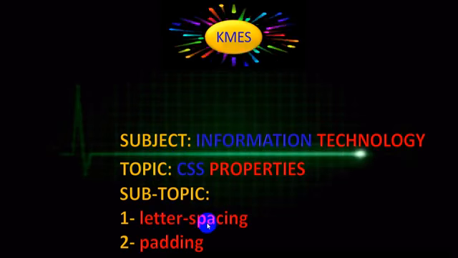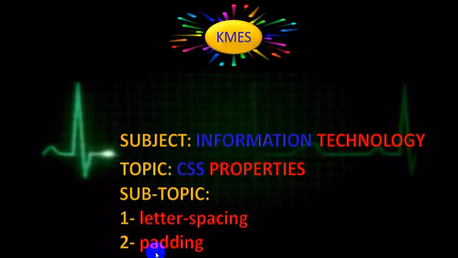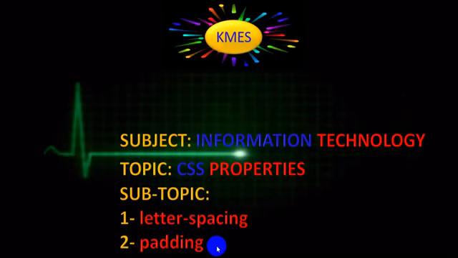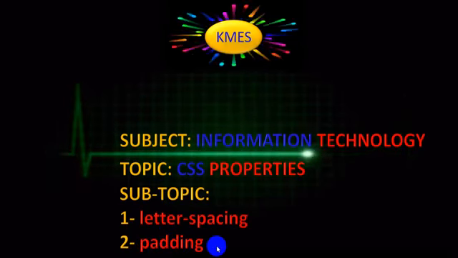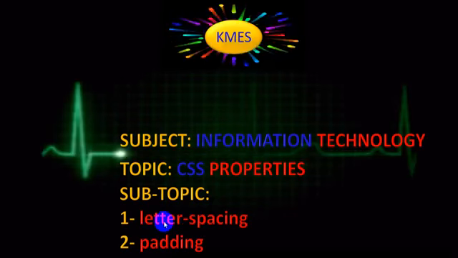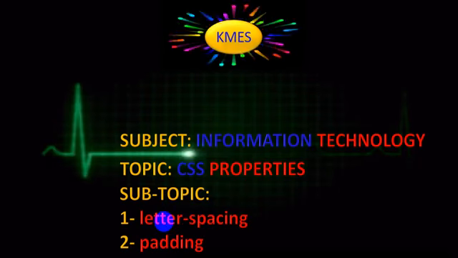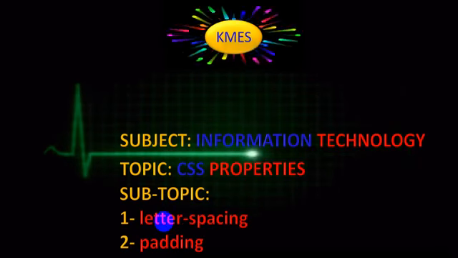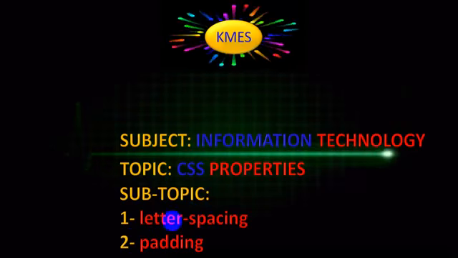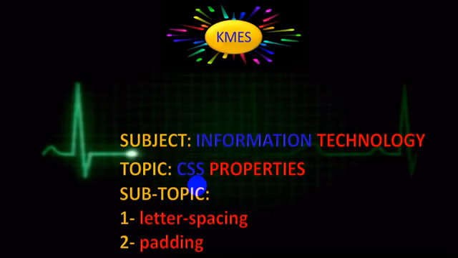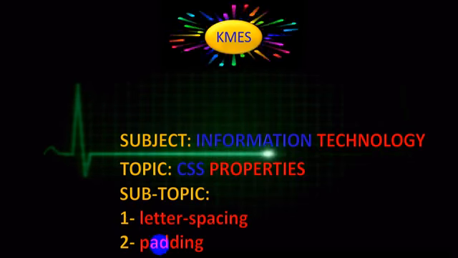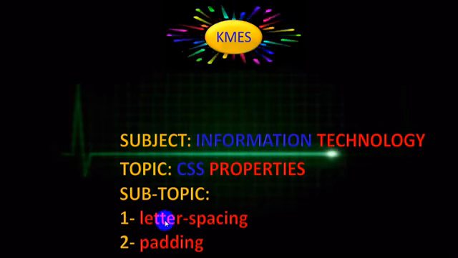Simple. Now move towards padding. What is padding? Letter spacing and padding are a little similar, you can say, because letter spacing adds some blank space to its word or to its character or to its letter, but the padding property of CSS is used to add blank space before and after, left and right to its element.